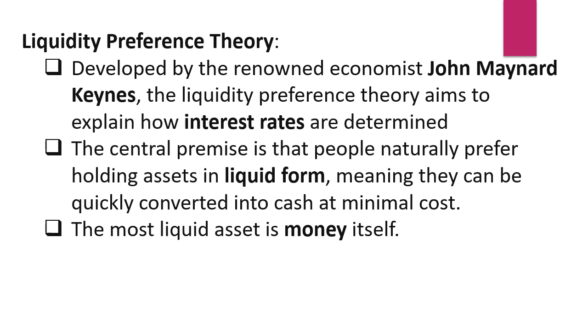It aims to explain how interest rates are determined. The central premise is that people naturally prefer holding assets in liquid form, meaning they can be quickly converted into cash at minimal cost. Liquid form means it can be easily convertible into cash at the time of need. The most liquid asset is money itself.